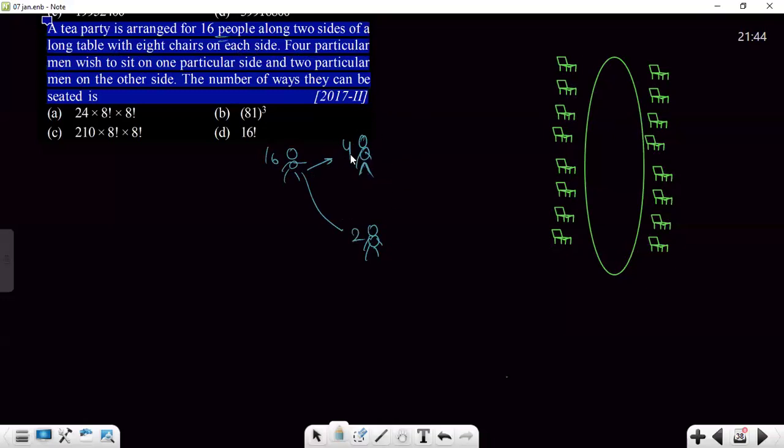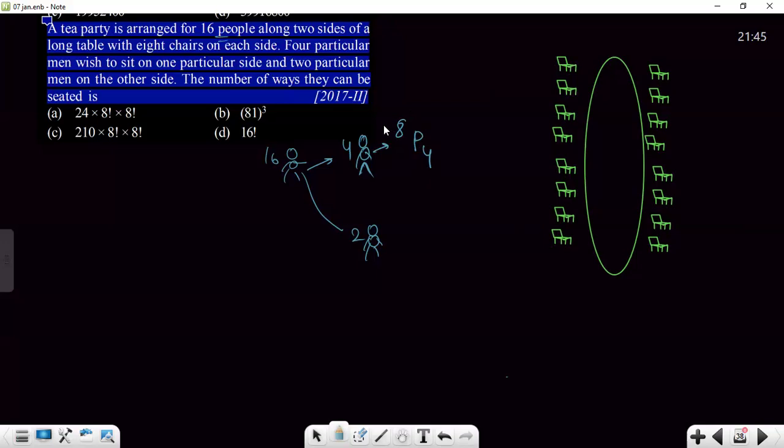Let's make the first four people sit. They have gone to any side, and now they have chosen four seats. In a side there are eight seats, so they are selecting four seats out of eight, and they will also be arranging themselves.